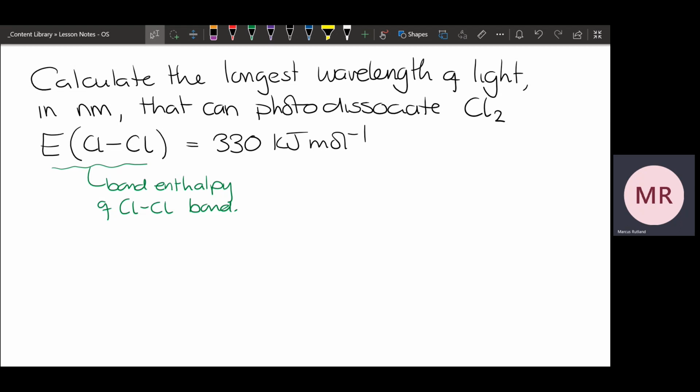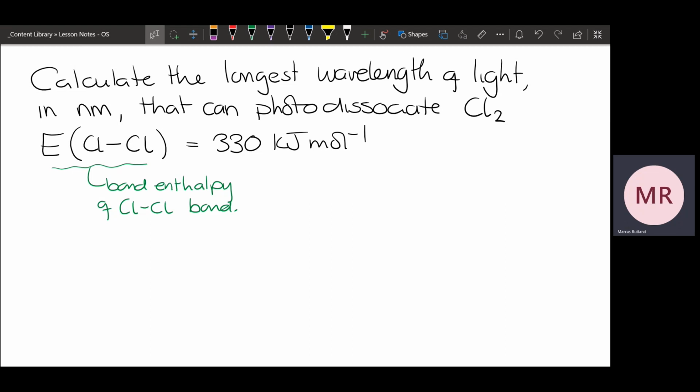Where it says calculate the longest wavelength of light, what's all that about? All that means is that the energy supplied by light goes up as the frequency goes up, but goes down as wavelength gets longer. So all it's saying is calculate the wavelength of light that just breaks that bond.